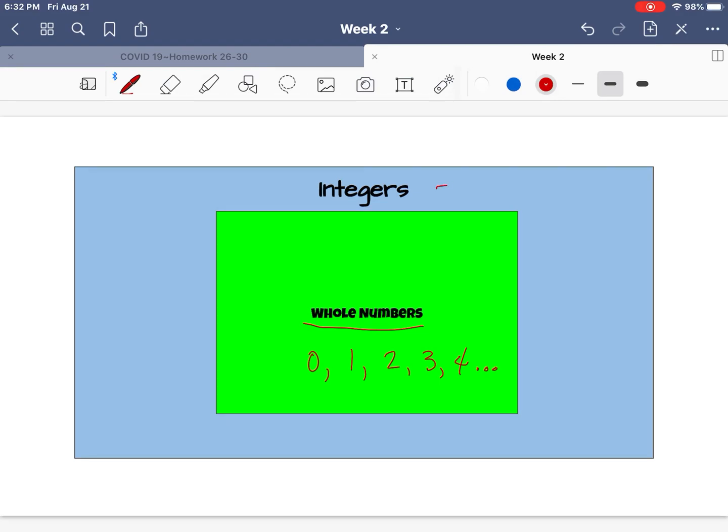So numbers like -1, -2, -3, and so on would fit into the integers category. Whole numbers are integers, but they're not specifically integers. Whole numbers are most specifically whole numbers. Whole numbers and integers are within the same category.